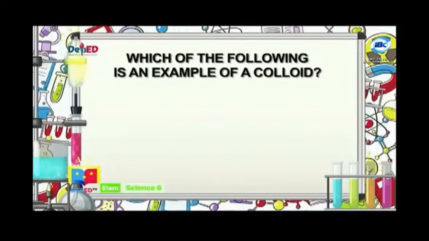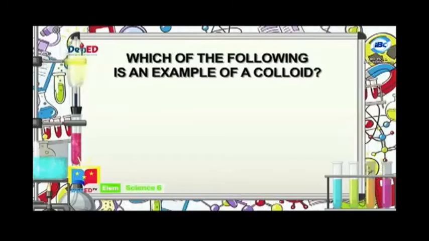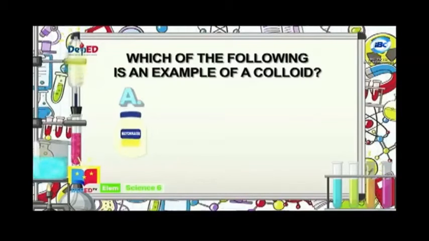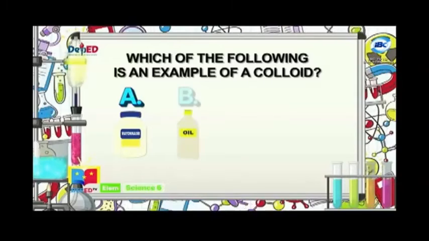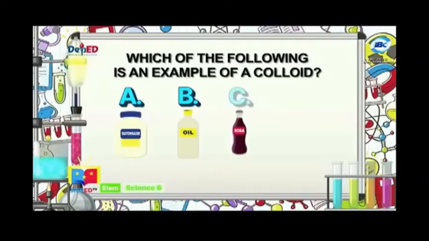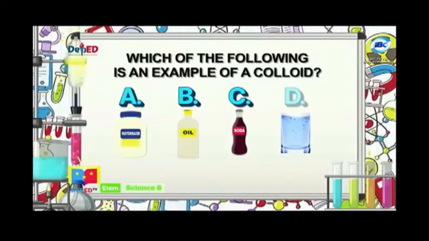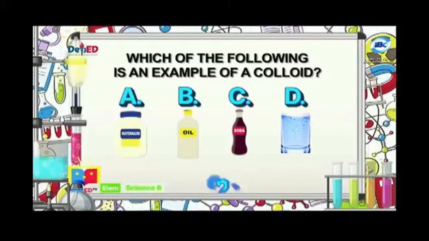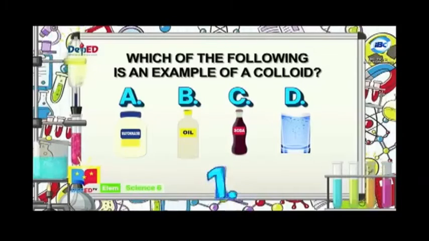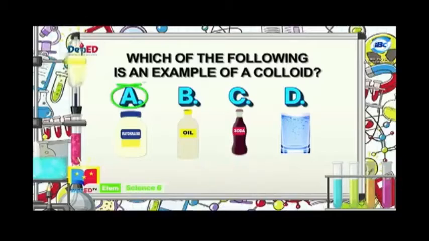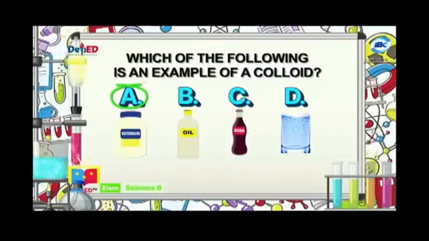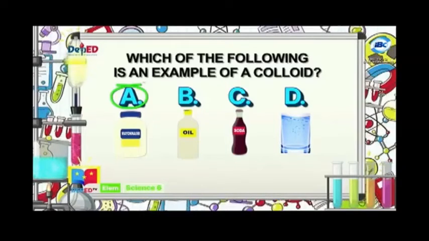Number 1. Which of the following is an example of a colloid? A. Mayonnaise, B. Cooking oil, C. Soft drinks, or D. Bubbles in water. The correct answer is letter A. Mayonnaise.